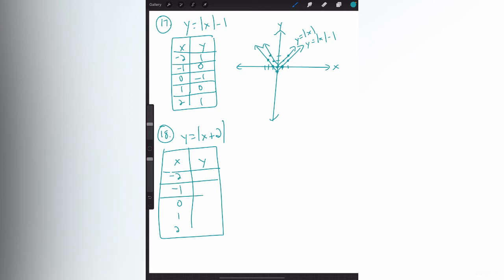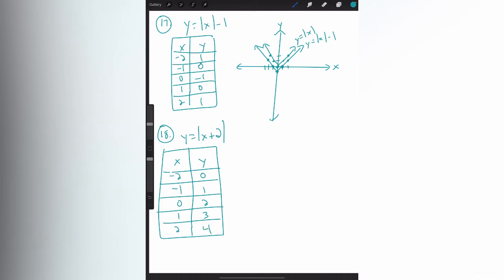Okay, negative 2 plus 2 is 0. The absolute value of 0 is 0. Negative 1 plus 2 is 1. The absolute value of 1 is 1. 0 plus 2, the absolute value of 2 is 2. 1 plus 2, absolute value is 3. And then 2 plus 2, the absolute value is 4.